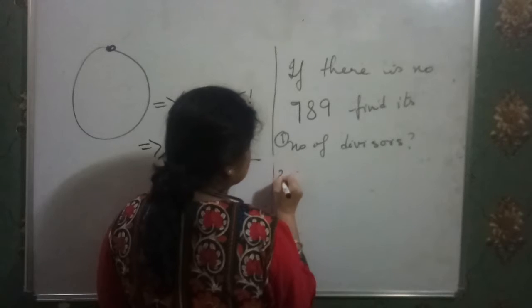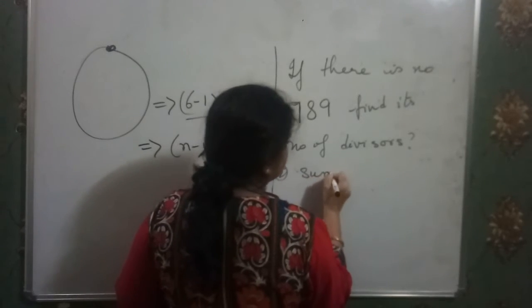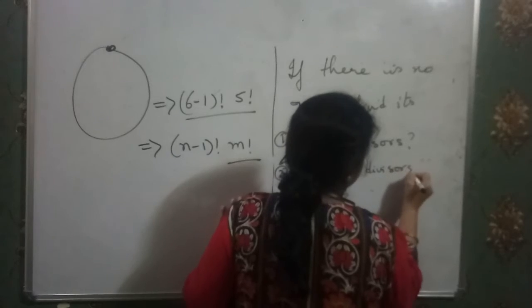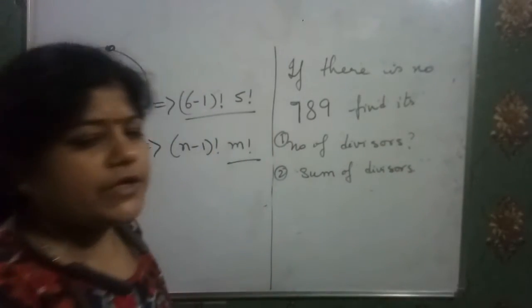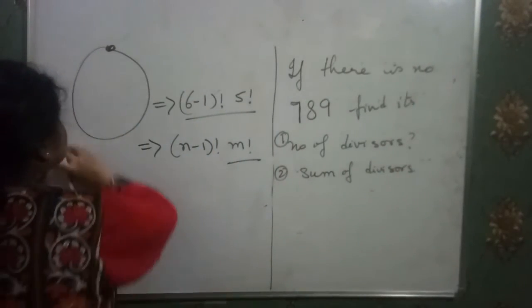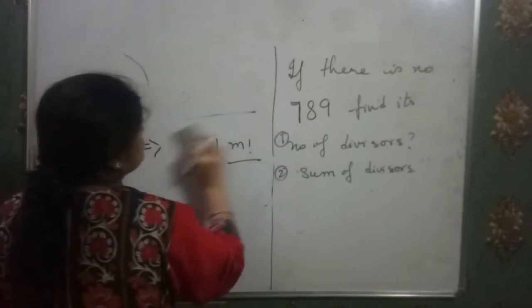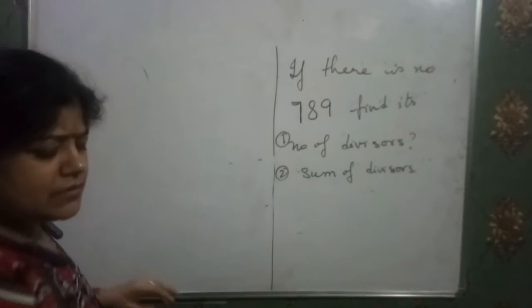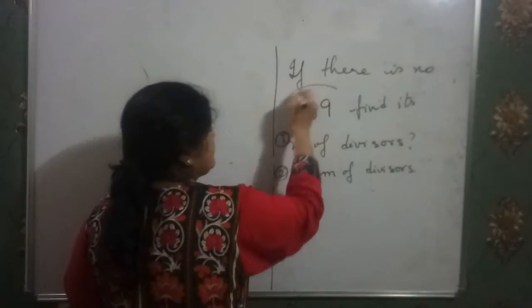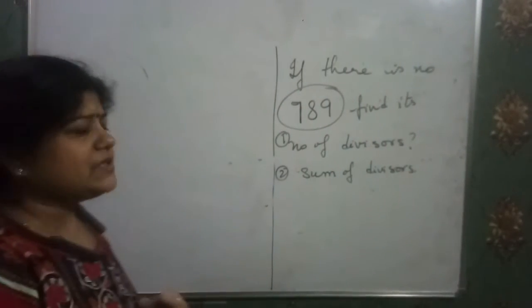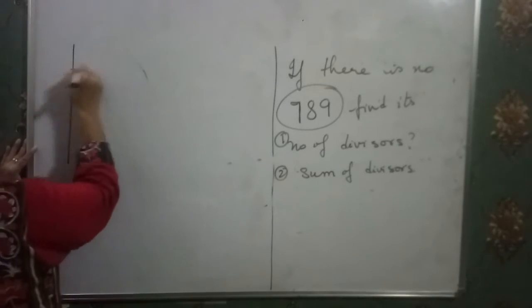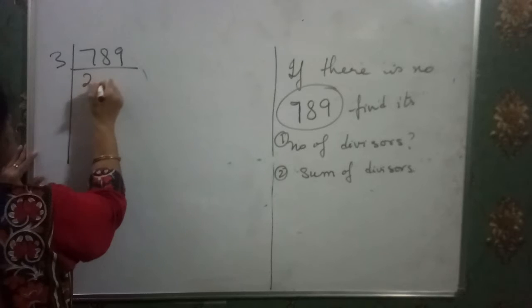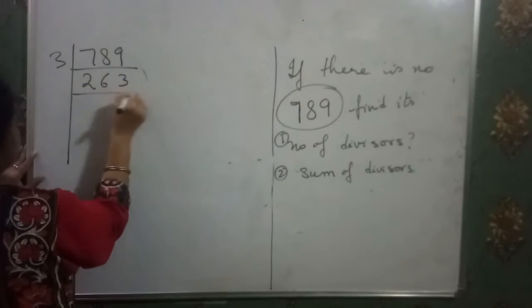First question. Second question, sum of divisors. For example, we have this type of question, and how we will solve that. In these types of question, we just take the prime factorization of the given number firstly. So I take the prime factorization of 789.